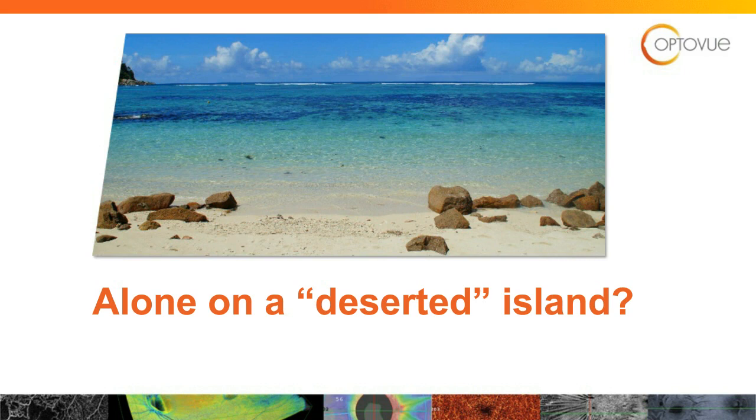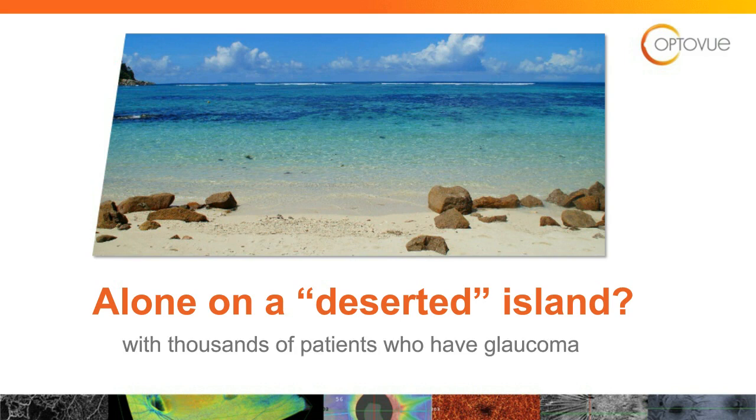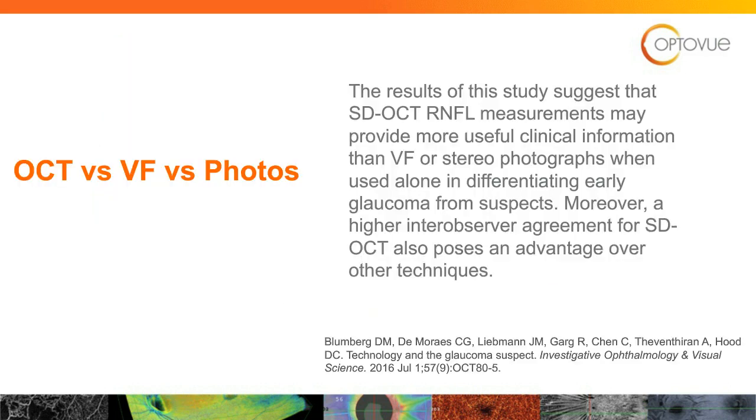Maybe it would be a retinal camera, or an ophthalmoscope. But for me, if I was alone on a deserted island, with thousands of patients who have glaucoma, my choice would be an OCT. In fact, a group of researchers asked this same question in a slightly different way.